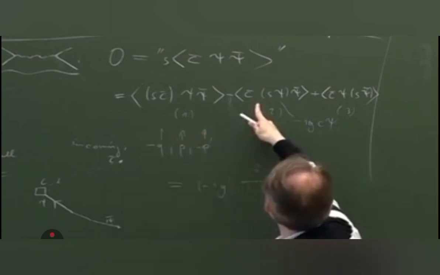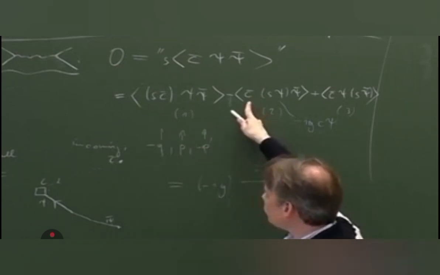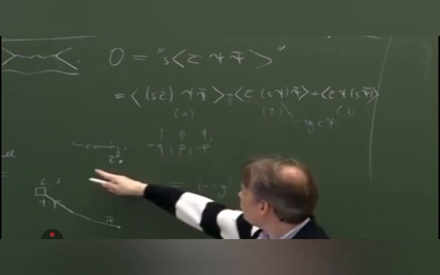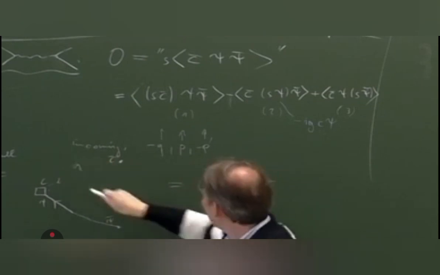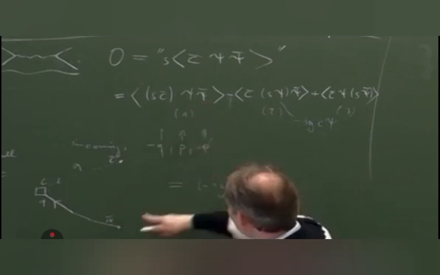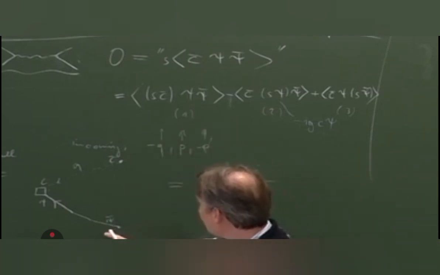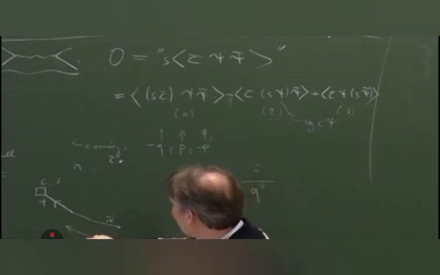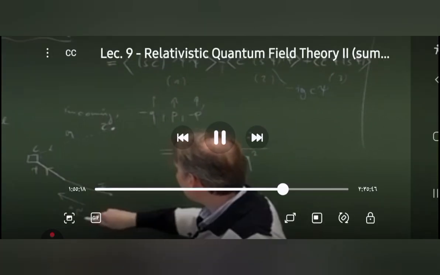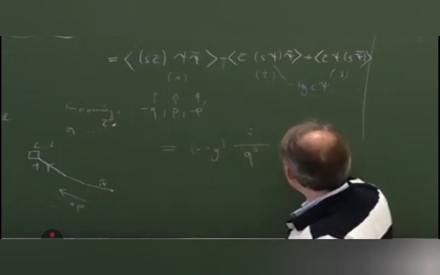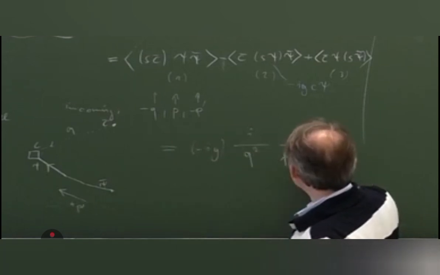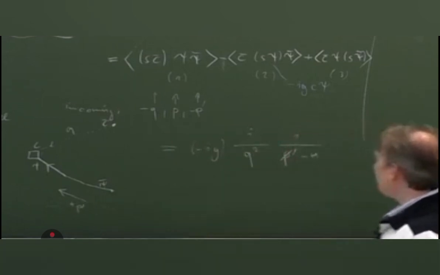Into C bar there flows the momentum minus Q. So on this line we have Q. Therefore the ghost propagator is I over Q square. Then into psi bar there flows minus P prime slash. So on this line in this direction we have plus P prime. And then this line is I divided by P slash prime minus M, where M is the fermion mass. That's the value of this Feynman diagram.